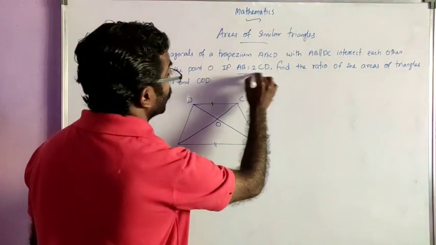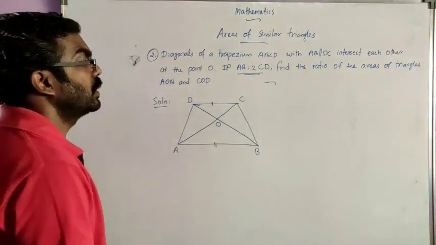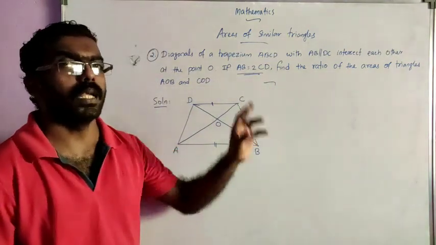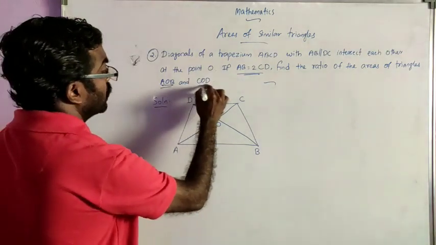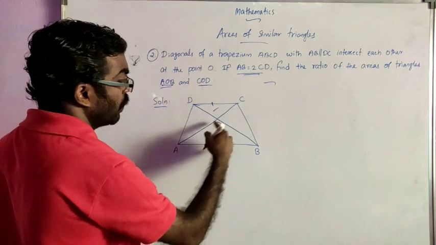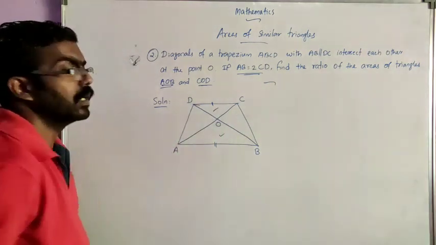If AB equal to 2CD, find the ratio of the areas of triangles AOB and COD.